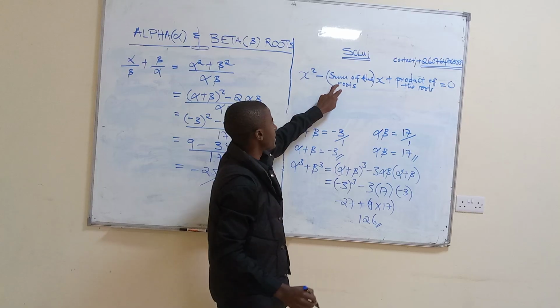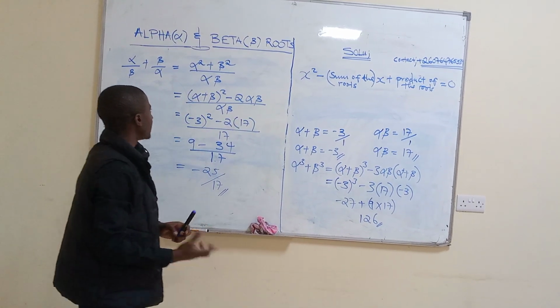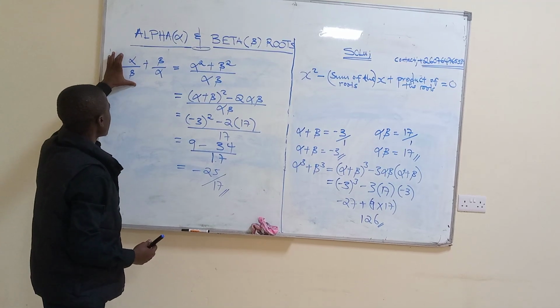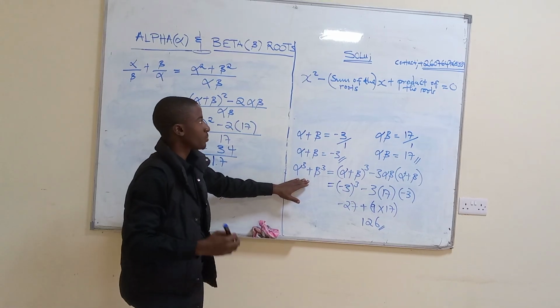So I have to find the sum of the roots, meaning I'm going to add this value with that one.